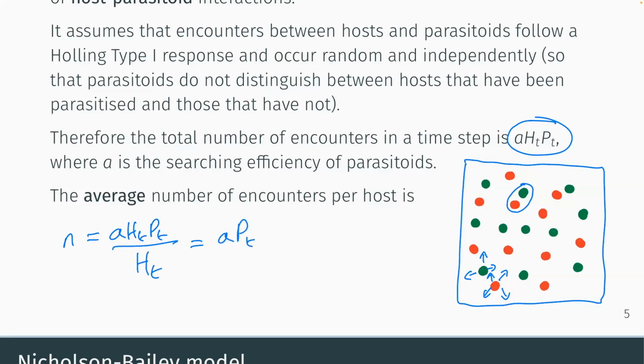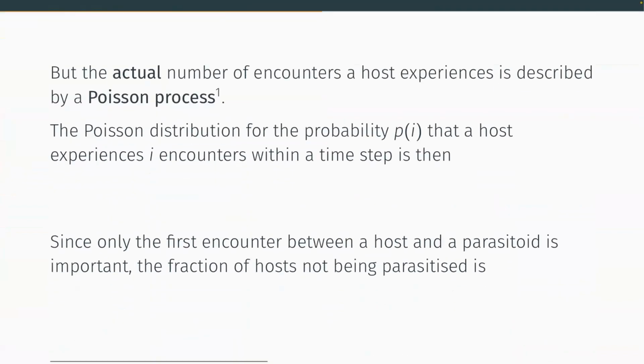So for any given host, any given green dot here, the average number of encounters that it should experience with this parasitoid is A, which is the searching efficiency of this parasitoid, how quickly it's moving around, how quickly it's trying to find its hosts, times the density of those parasitoids. There's the average number per host.